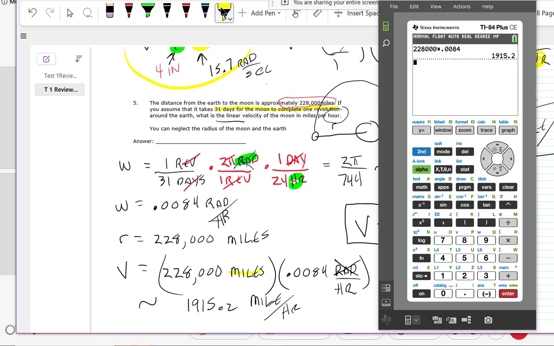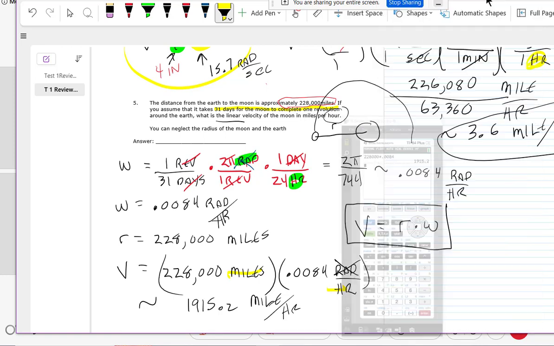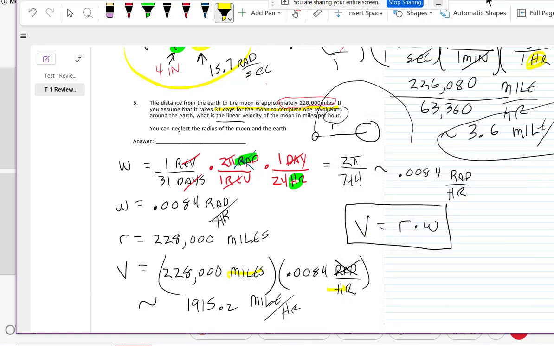So we end up with miles per hour. Okay, so that's how that problem can be solved. The big thing on these types of problems is the three formulas that I give you. You don't have to memorize the three formulas, but you do need to know how to work with them and with unit conversions.